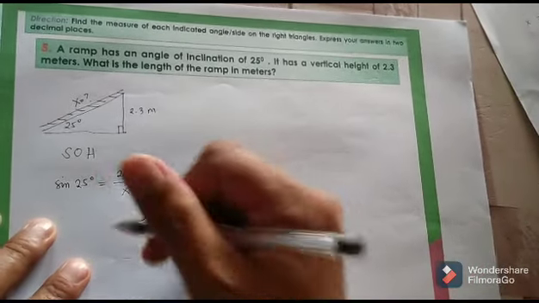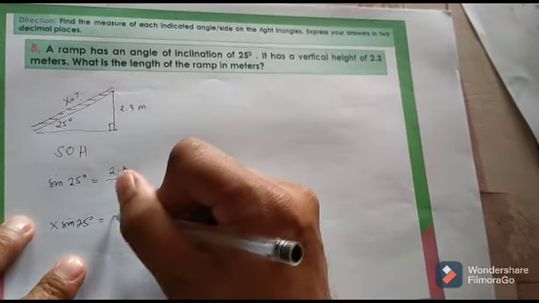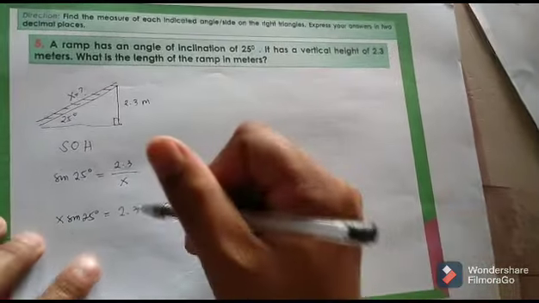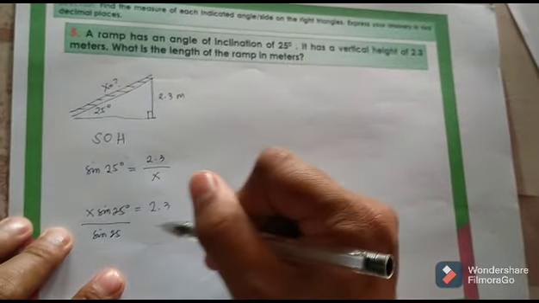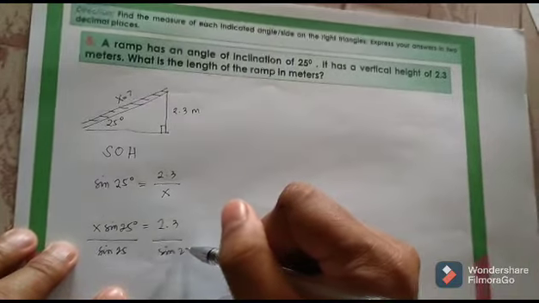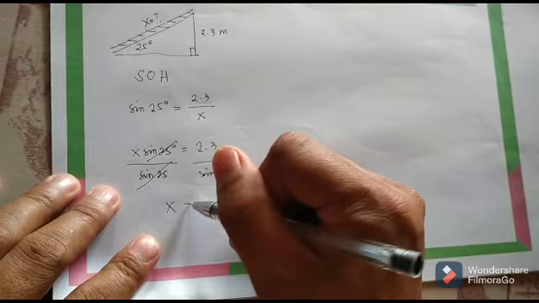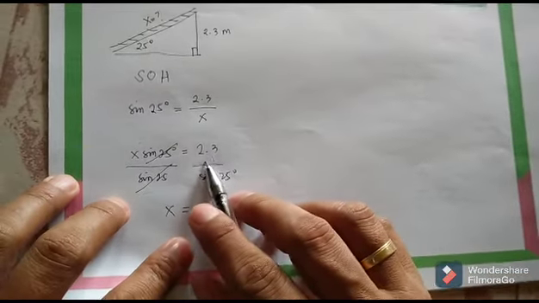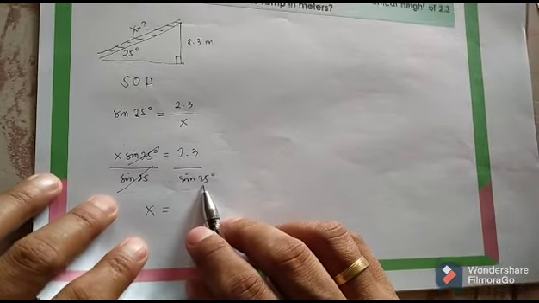So cross multiply, you would have x sine 25 degrees is equal to 2.3. Divide both sides by sine 25 degrees. So you would have x is equal to 2.3 divided by sine 25. What is sine 25 here?